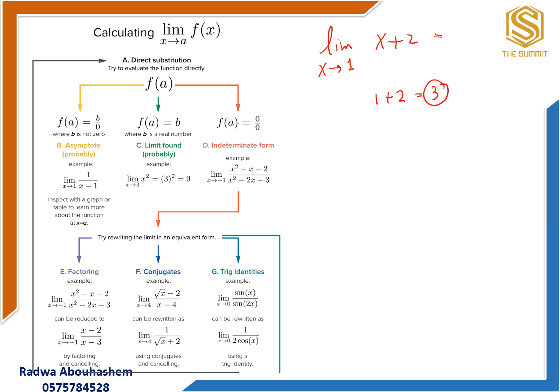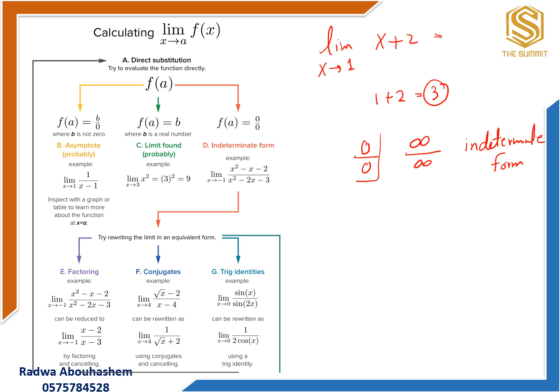Sometimes, after you substitute, you get something like 0 over 0 or infinity over infinity. We call this indeterminate form. Once you have this, you have to do algebraic manipulation or use some rules that we're going to learn now.